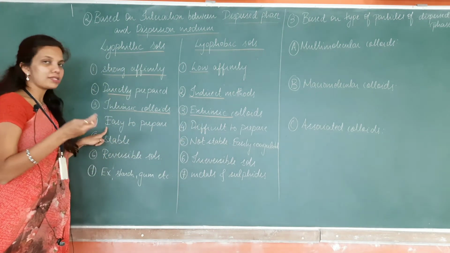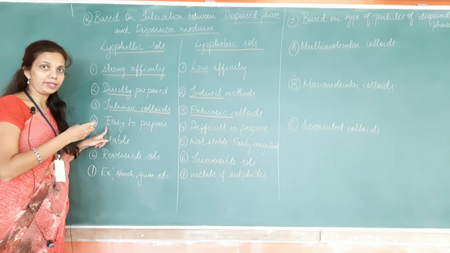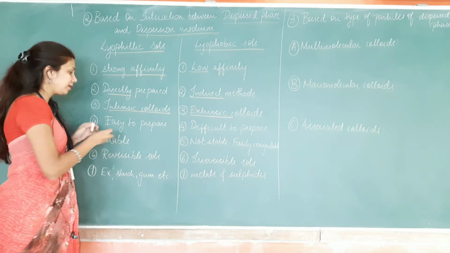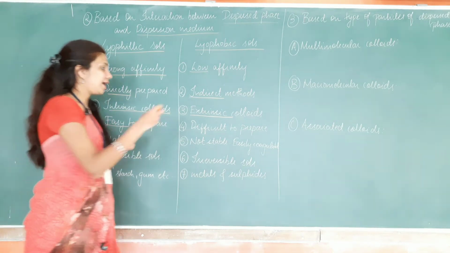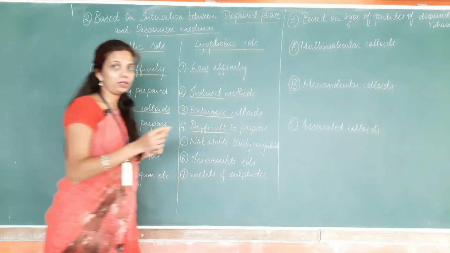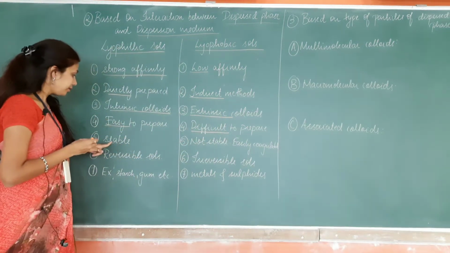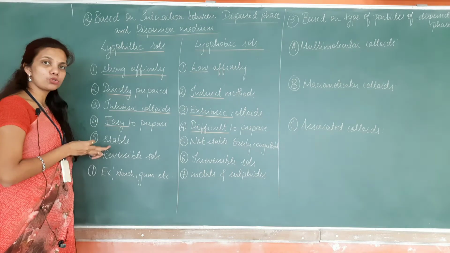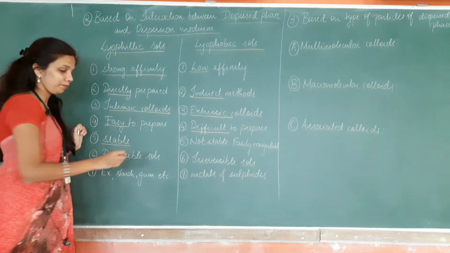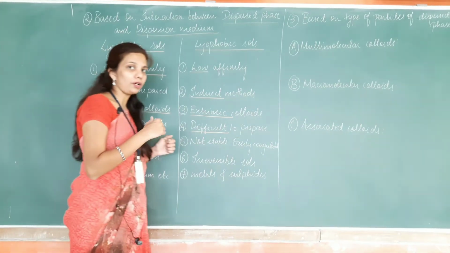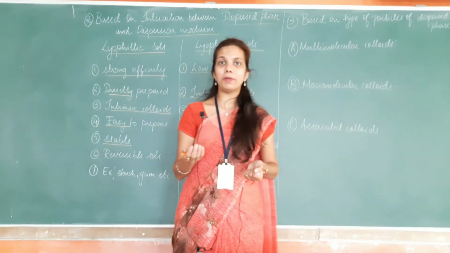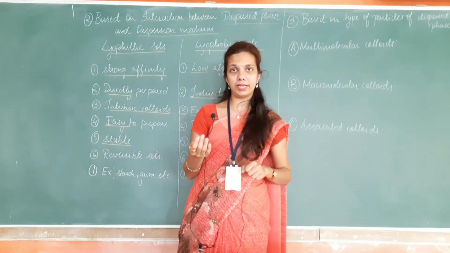The fourth one is again related to your second point, that is lyophilic salts can be easily prepared, whereas lyophobic salts are difficult to prepare. Next point is lyophilic salts are stable in nature. These colloids that are formed cannot be precipitated or coagulated easily.